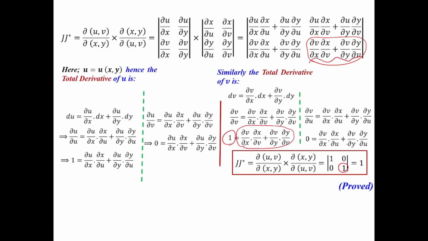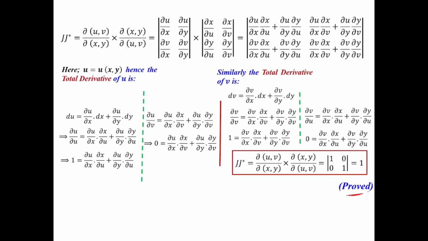And this one, del v by del x into del x by del u plus del v by del y into del y by del u, the value is 0. Substitute 0 instead of this term. Now the value of this determinant will be equal to 1. Hence we prove that J star equals 1.